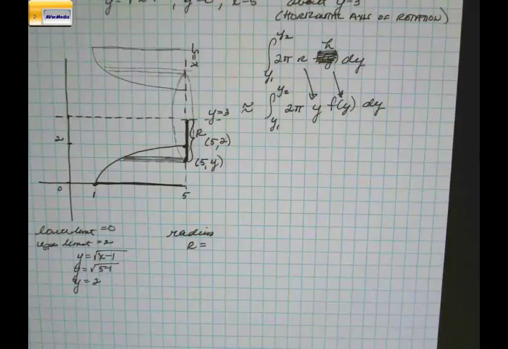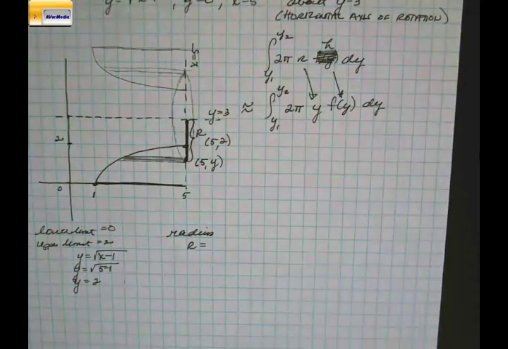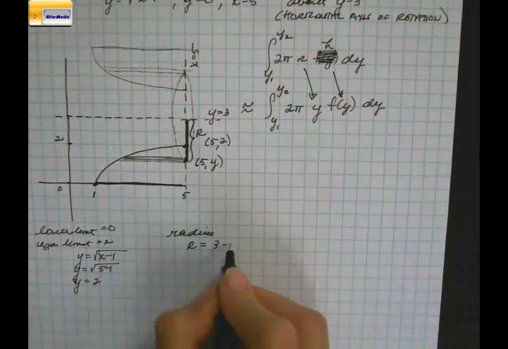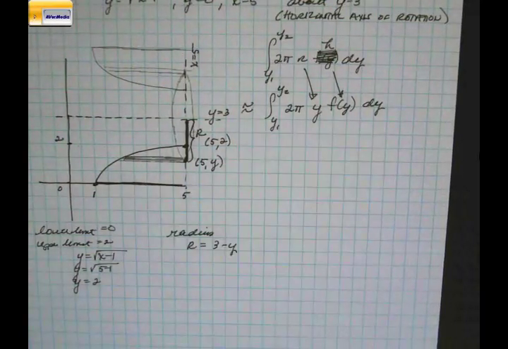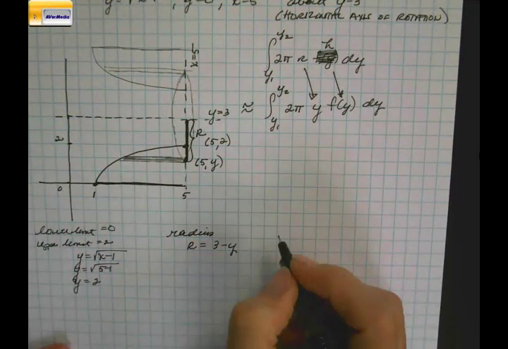So what did y'all say? 3 minus y, right? Think about that a minute. Those are vertical values, so that's the second number in the ordered pair, so it's got to be the y. It's height values. Top minus bottom, a height of 3 minus a height of y. So your radius is 3 minus y.